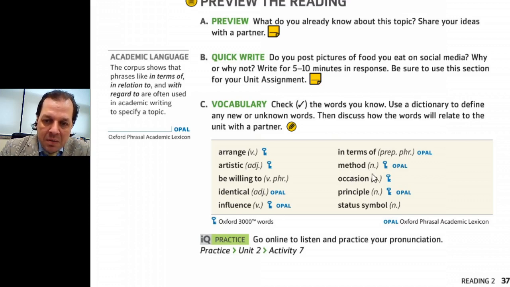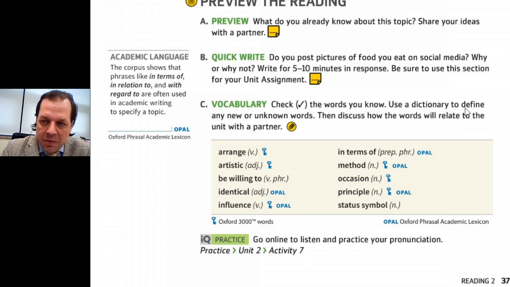A method, which is a noun. Occasion, also a noun. Principle, and status symbol. All of these are nouns, and if you're unsure of the meaning, you can write down your descriptive translations, I guess, in here from your dictionary.